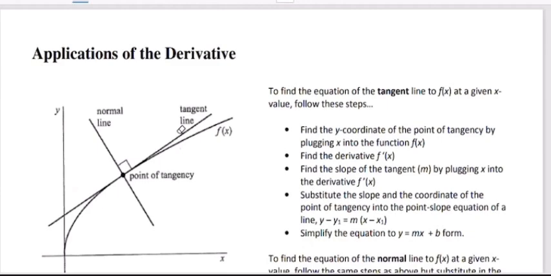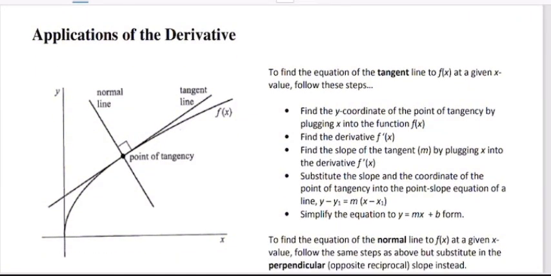What are the steps you are going to follow? Number one, find the y coordinate of tangency by plugging x into the function of x. After that, find the derivative, which we call f prime of x. The moment you have the derivative in place, we can figure out the slope of the tangent, m, by plugging x into the derivative.